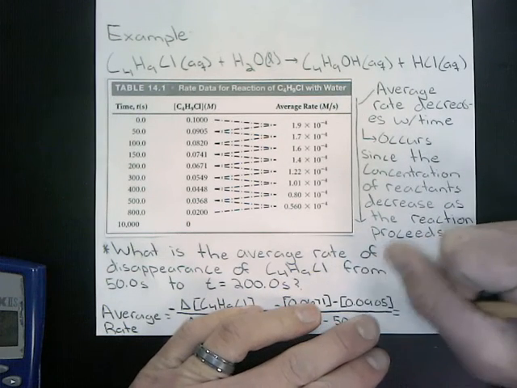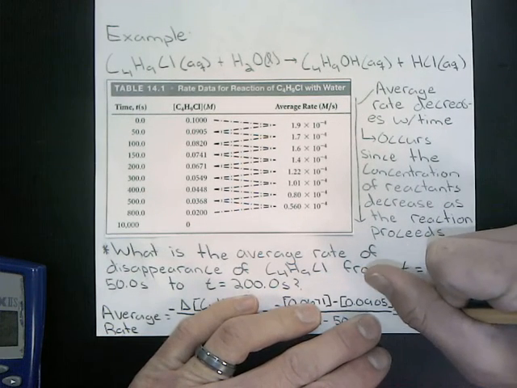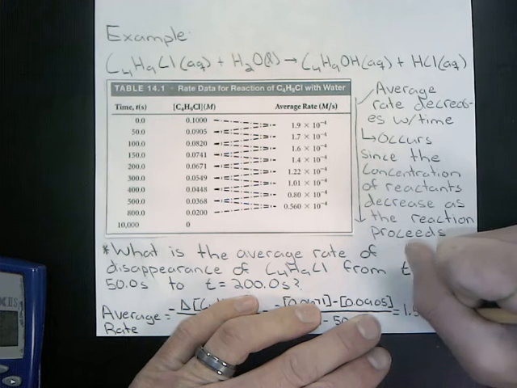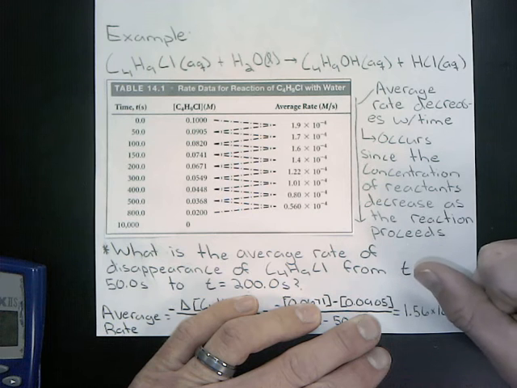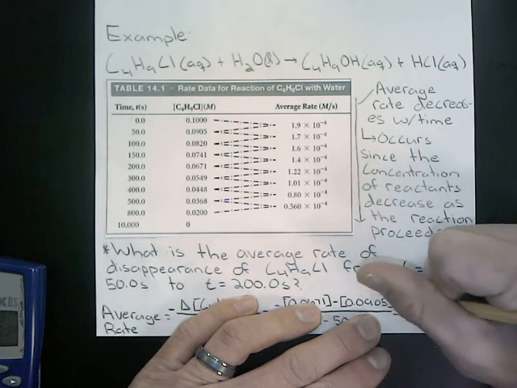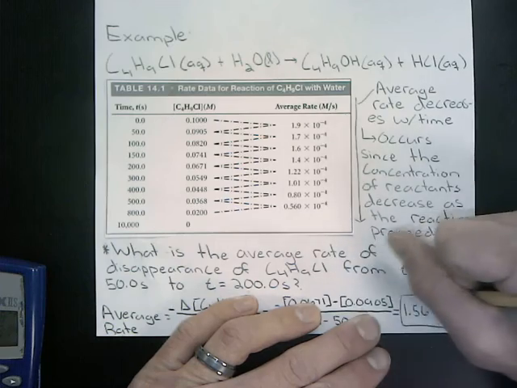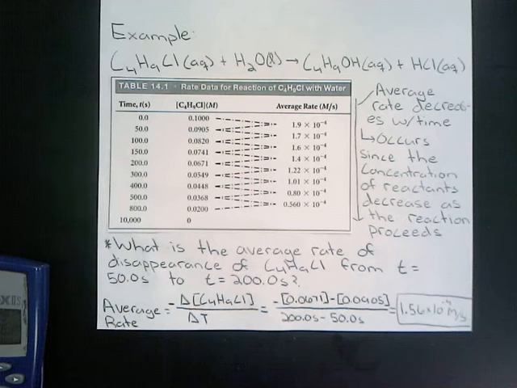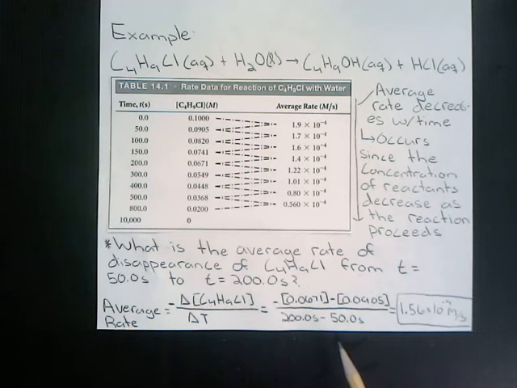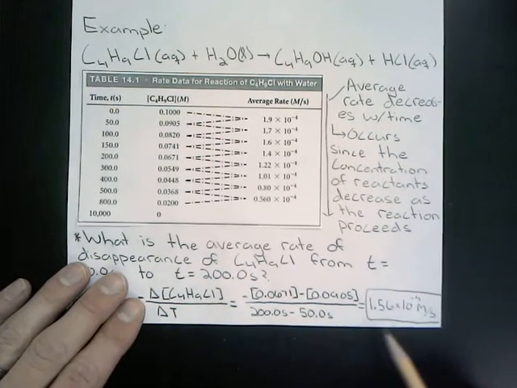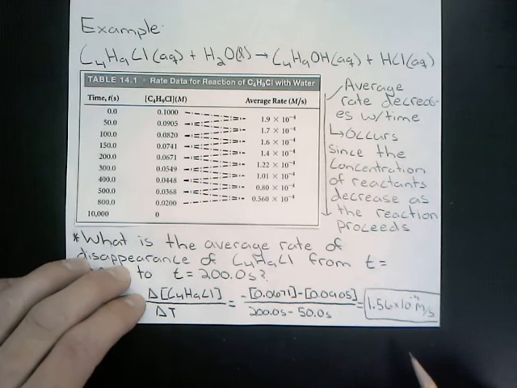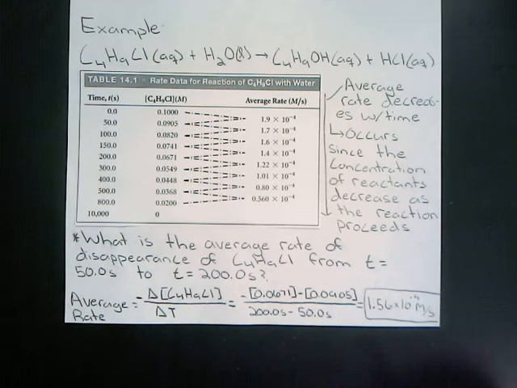We would get an average rate of disappearance of 1.56 times 10 to the negative 4th molar per second. I kind of squeezed everything here, but that is how we would calculate the average rate. You take the change in concentration divided by the change in time, and that's how you obtain that value. Again, the answer here is 1.56 times 10 to the negative 4th molarity per second.